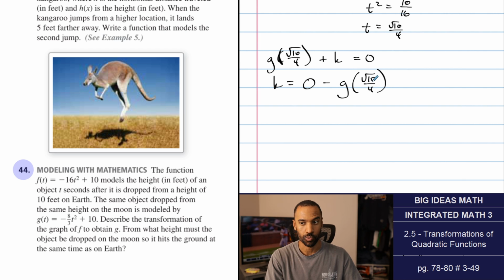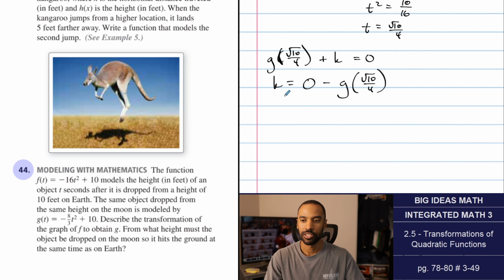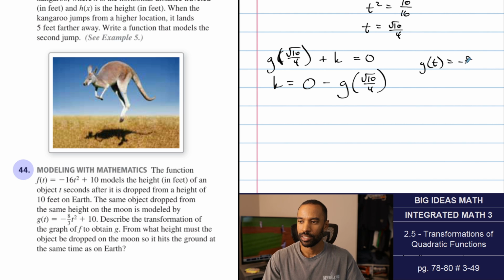Now I could do this without a calculator, truly, because G of T is negative 8 thirds T squared plus 10.